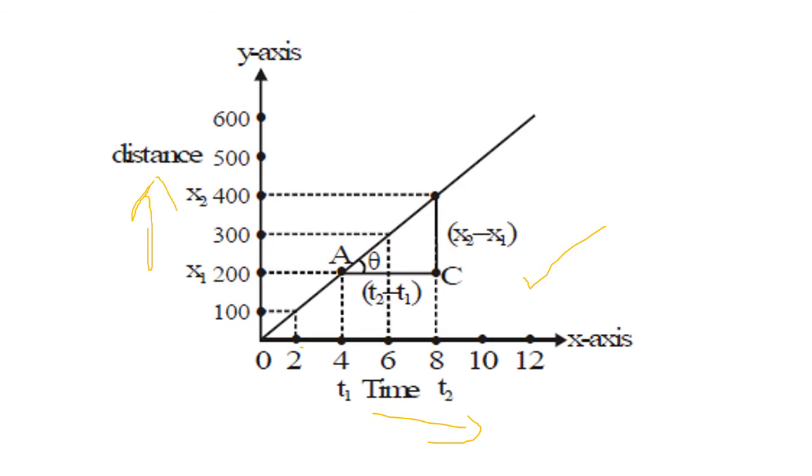You can see in 2 hours it traveled 100 kilometer, in 4 hours 200 kilometer, in 6 hours 300 kilometer, and in 8 hours 400 kilometers. So in this way, to find out the distance and the time, you just have to do S2 minus S1, here written as X2 minus X1. Either you can write X2 minus X1 or S2 minus S1, and also T2 minus T1, and then you will get a straight line like this.